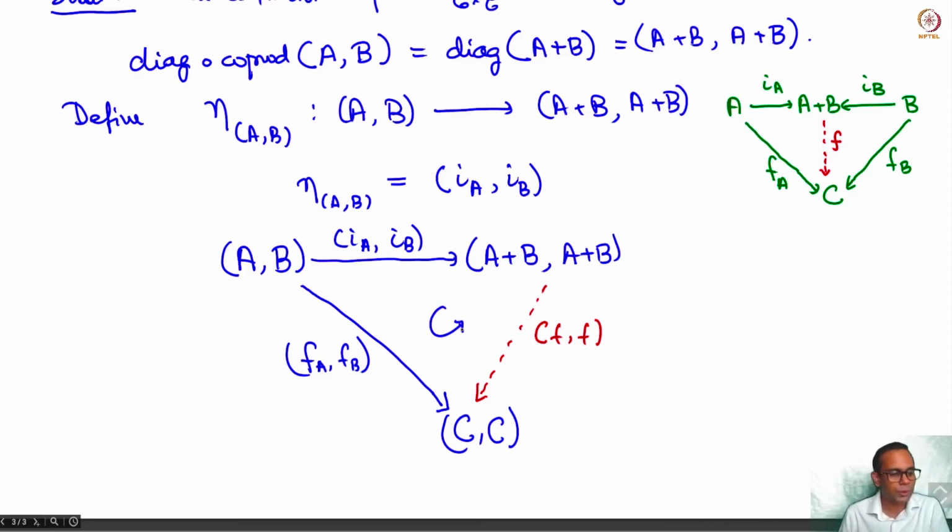Now I leave it to you to work out all the details, but this proves that the diagonal and coproduct functors are adjoints.